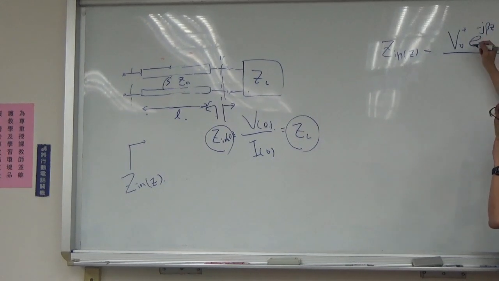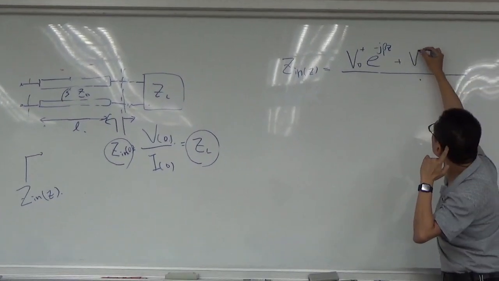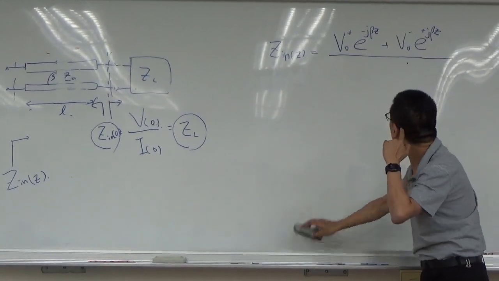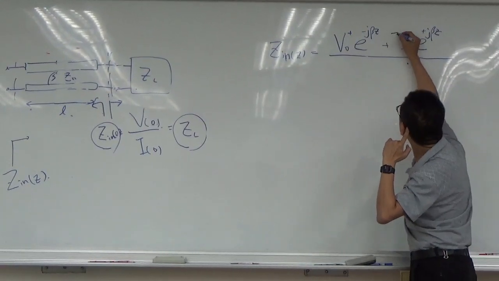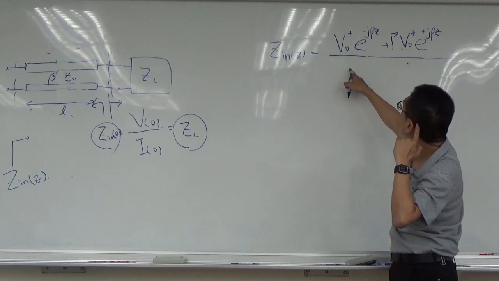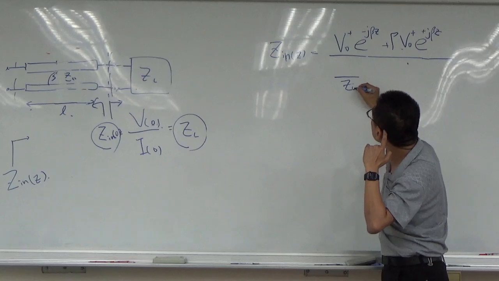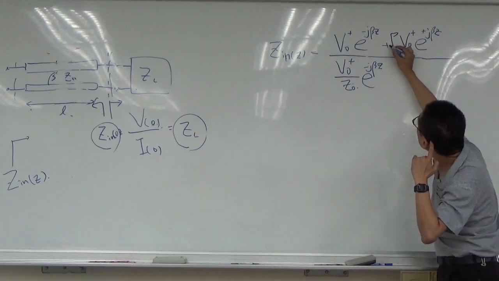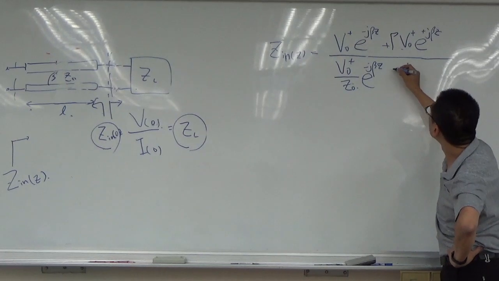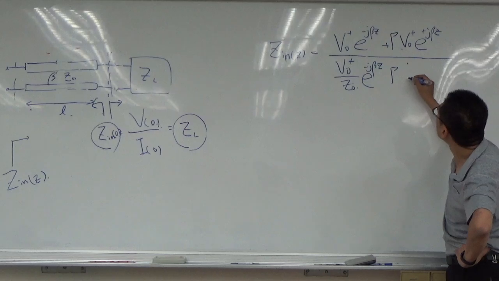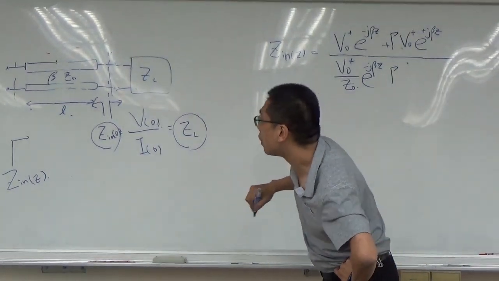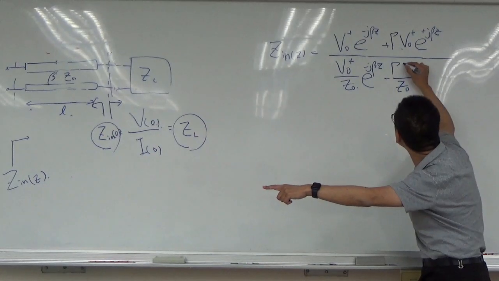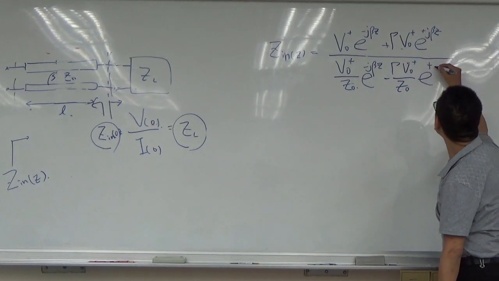V0 plus times exponential minus j beta z plus gamma V0 plus exponential plus j beta z, over the current term, which is V0 plus over Z0 times exponential minus j beta z minus gamma V0 plus over Z0 exponential plus j beta z.